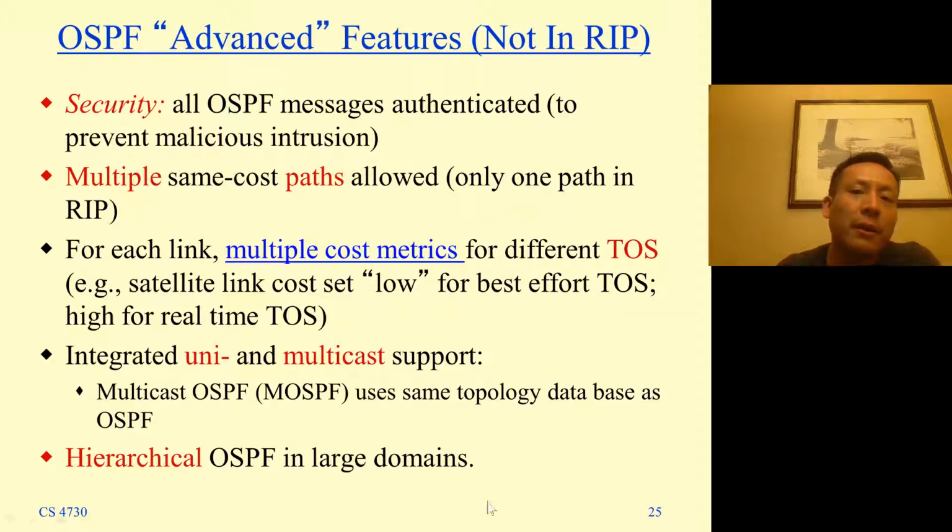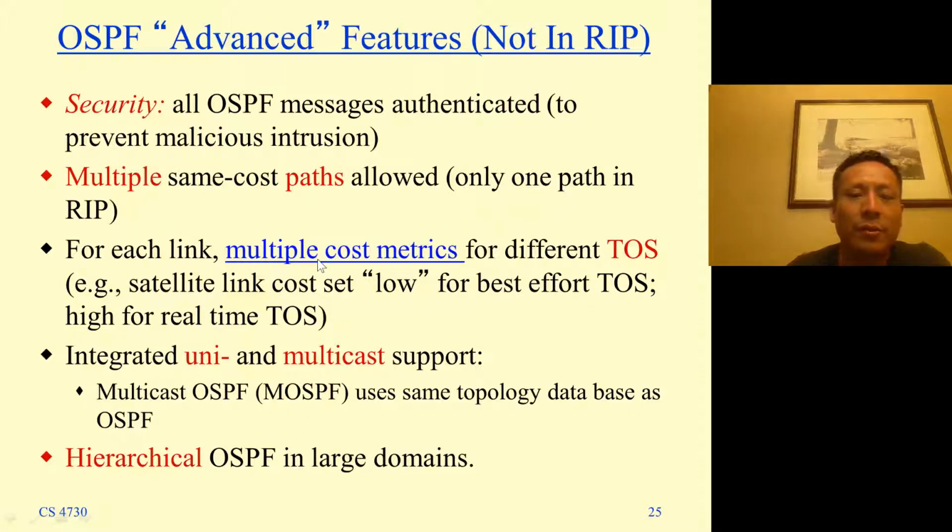But RIP does not differentiate these kinds of things, right? So in other words, one of the benefits or features OSPF provides is that it allows multiple same-cost paths. But in RIP, it's only one, right? And you can define multiple cost metrics, as I mentioned.